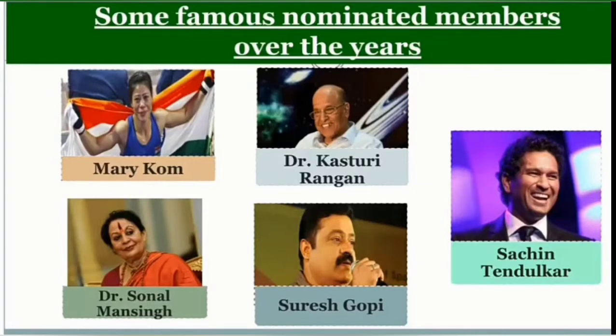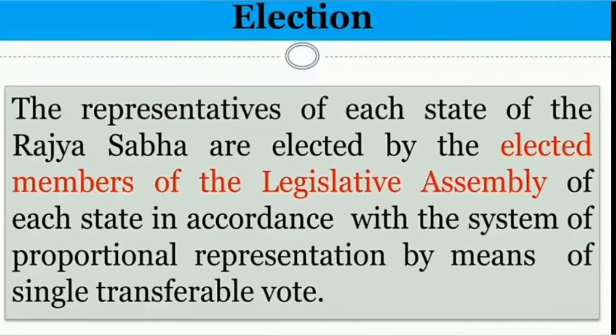These are some famous nominated members over the years: Mary Kom, Dr. Kasturi Rangan, Sachin Tendulkar, Dr. Sonal Mansingh, Suresh Gopi. So, what do you mean by election? How are the Rajya Sabha members elected? The representatives of each state in the Rajya Sabha are elected by the elected members of the legislative assembly of each state in accordance with the system of proportional representation by means of single transferable vote.